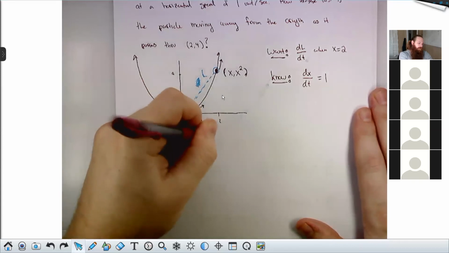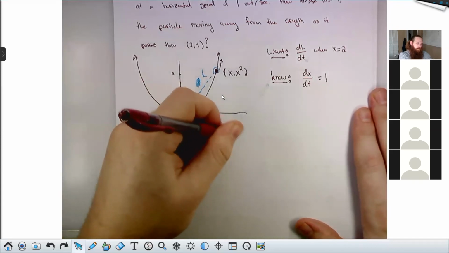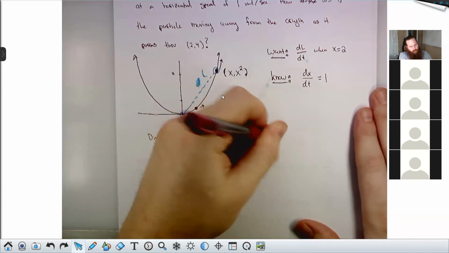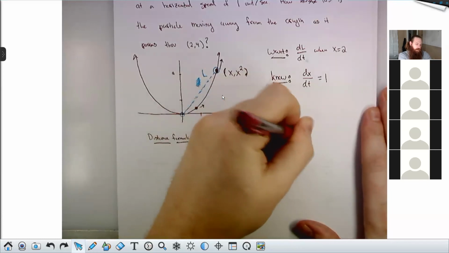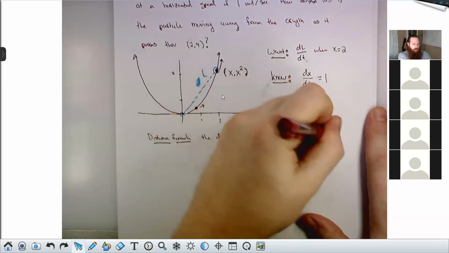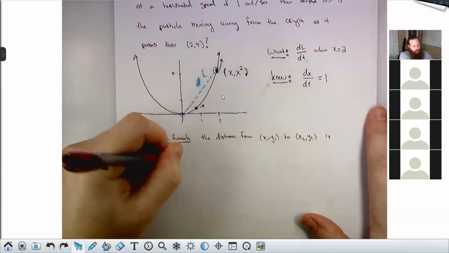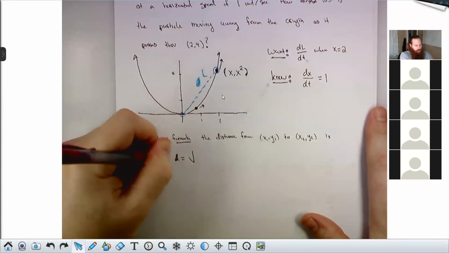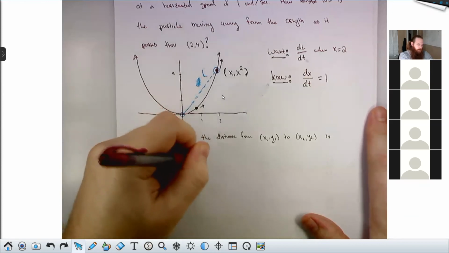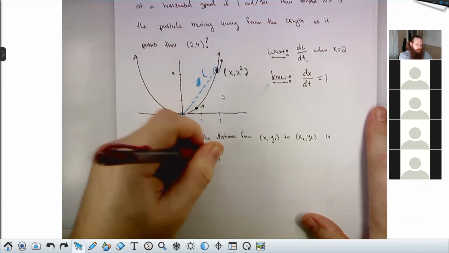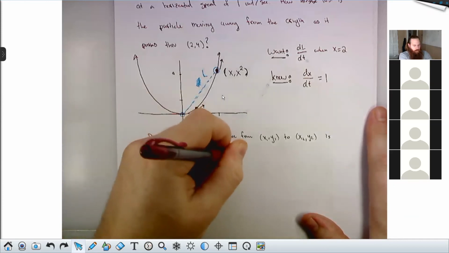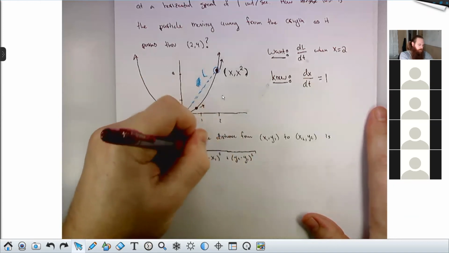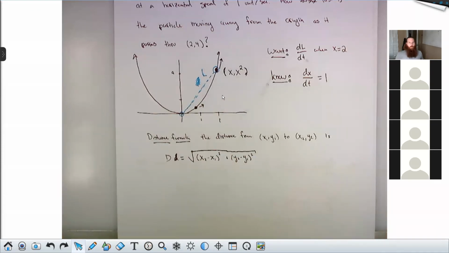Remember that the distance from the point (x1, y1) to the point (x2, y2) is D equals the square root, I'll use a capital D so I don't confuse us, of (x2 minus x1) squared plus (y2 minus y1) squared. Does everybody remember this distance formula from algebra?